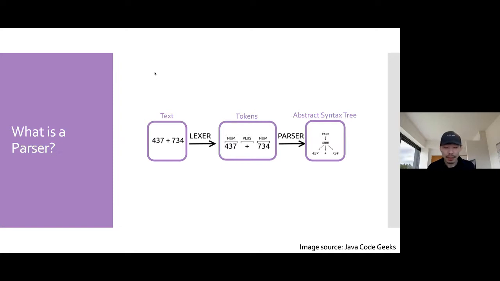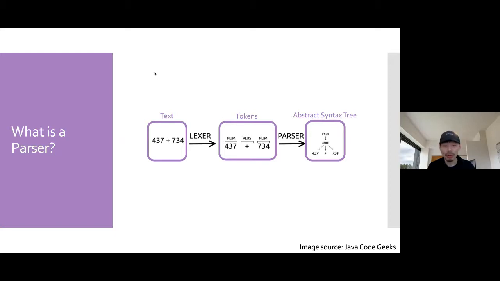So these diagrams show you the typical parsing process with a quite simple example. We will learn what a parser is from that. Assume that we have a text expression, 437 plus 734, in the source file. It consists of 7 characters.